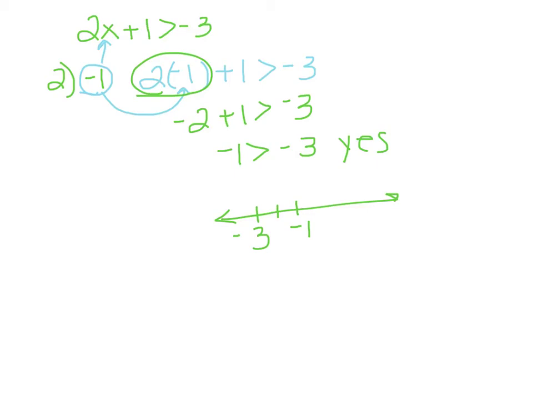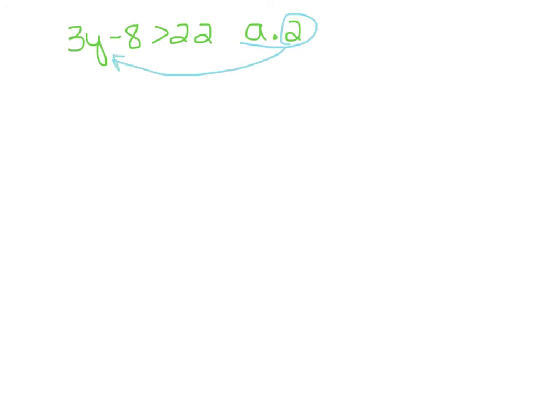Alright, let's look at this first one. Alright, the inequality is 3y minus 8 is greater than 22. And we want to look and see, is 2 a solution to this problem? Alright, so in order to figure this out, I'm going to take 2 and I'm going to substitute it in for y.